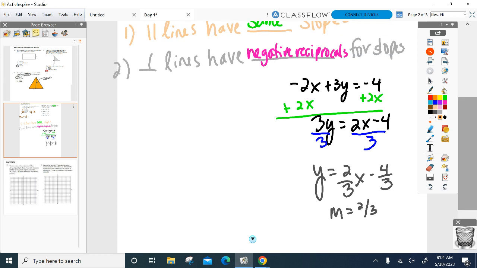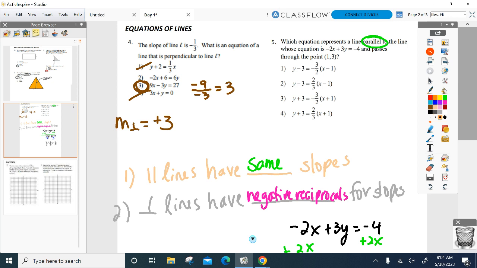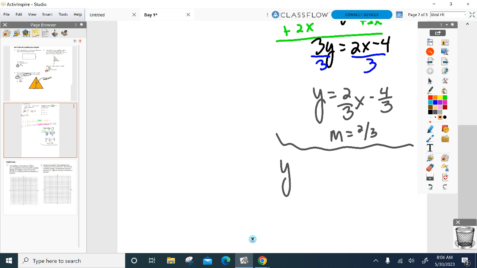But now we got to figure out what's the new y-intercept if it goes through 1, 3. All right, here you go. Goes through 1, 3 now. So I'm going to take y equals mx plus b, and I'm going to solve for b. I need to know what that new y-intercept is. And I'm going to use the point it goes through, 1, 3.